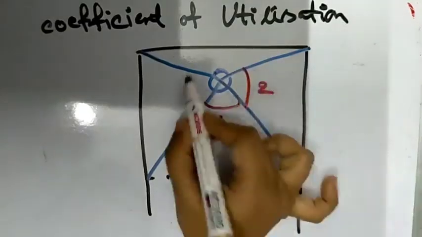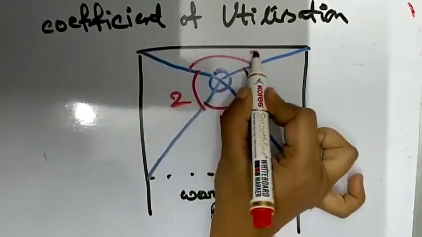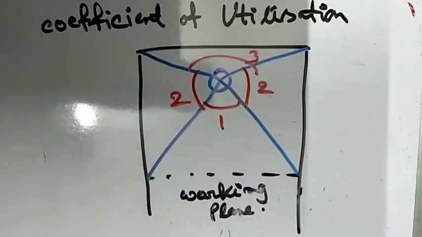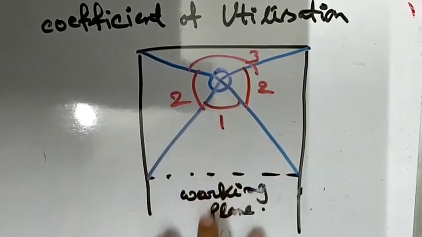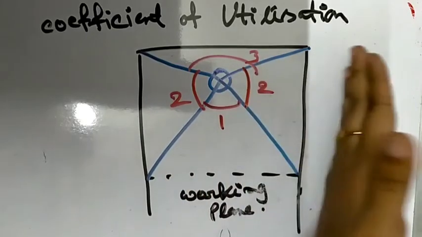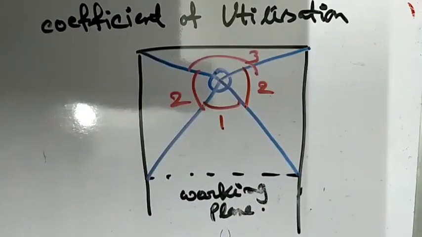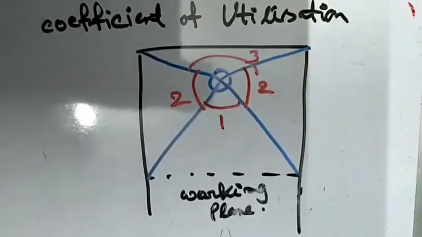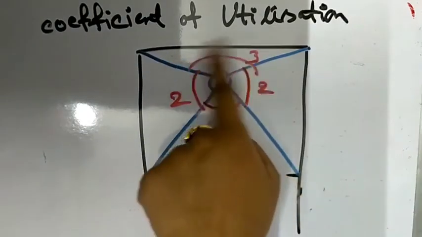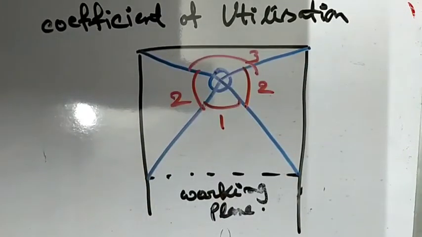Now, some portion of light falling within angle 1 will reach the working plane directly, while other portion of the light will go to the walls falling within angle 2, and some of the light goes to the ceiling and falling within angle 3. Now, out of this portion of light, some will be reflected to the illuminated surface.